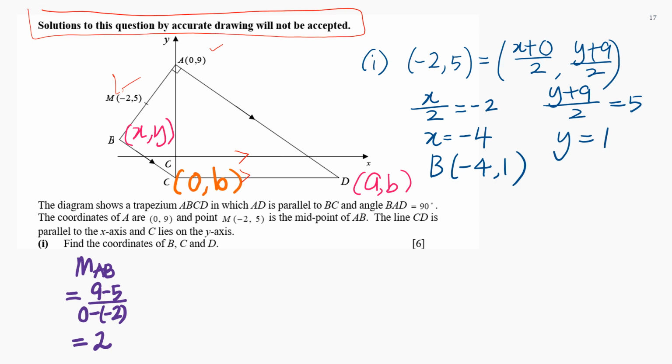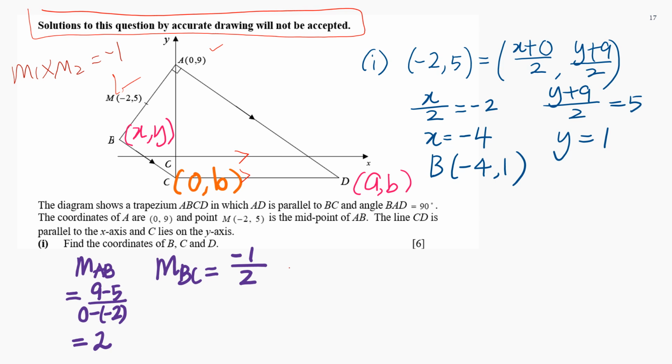And having found the gradient of AB, we know that the line AB is perpendicular to the line AD. And therefore, we can use the concept of M1 times M2 equals negative 1 for two perpendicular lines. So from there, we can actually find the gradient of AD, which is actually the same as the gradient of BC.